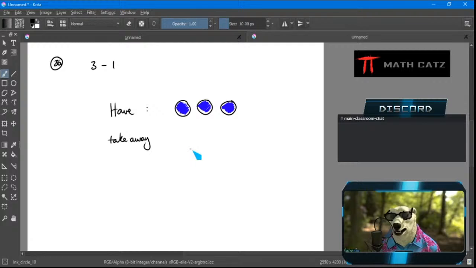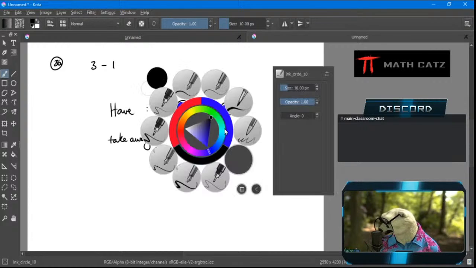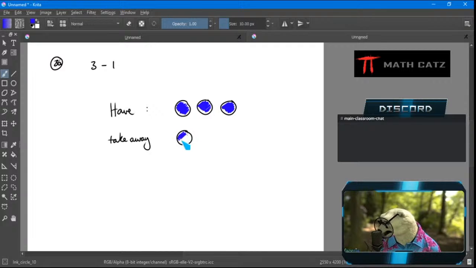When it comes to take away, this is going to come up again in fractions. As a personal rule for myself to make things as clear as possible, I don't draw another token here. It confuses me if I do this. I've seen the confusion. If I do this, chances are at some point in your career, you're going to get someone that thinks that they have 4 things.